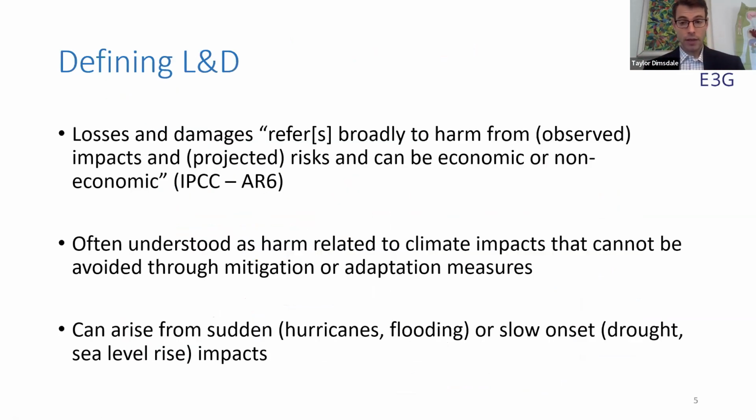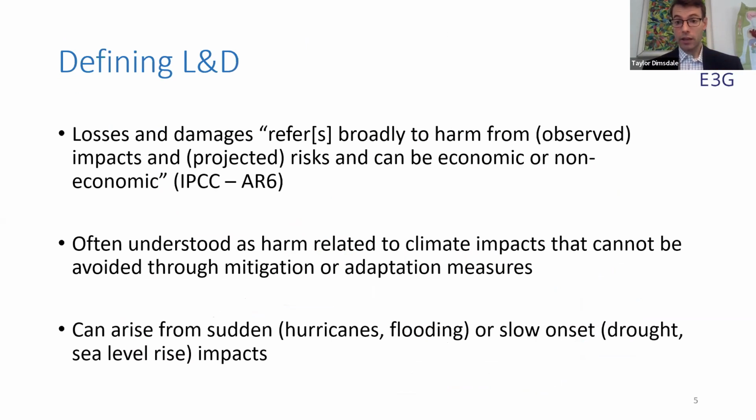As far as the definition, as Maria correctly pointed out, there's no universally agreed or legal definition of loss and damage. The IPCC talks about it broadly as harm from observed impacts and projected risks that can be economic or non-economic. I think it is often understood as harm related to climate impacts that can't be avoided through mitigation or adaptation measures.